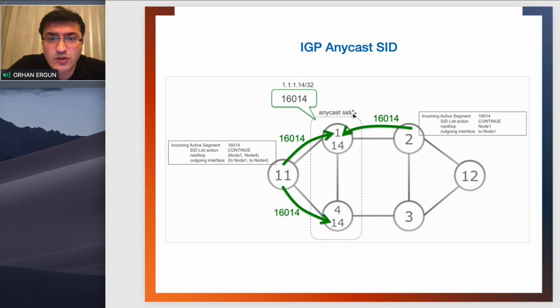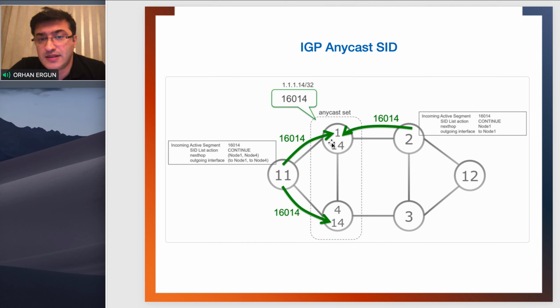Okay, let's have a look at what's happening here with the anycast IGP SID. Here we have two nodes from this domain, router 1 and router 4. Of course, on each router you can still assign a unique node SID, maybe 16,001 and 16,004.